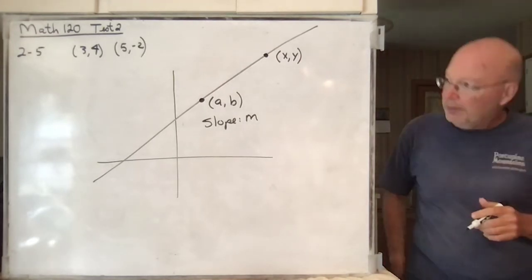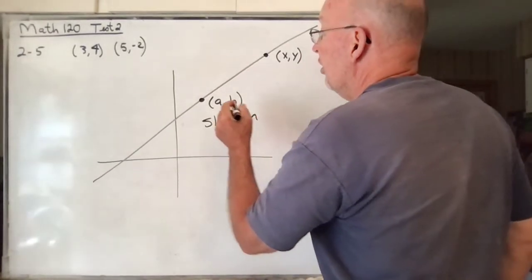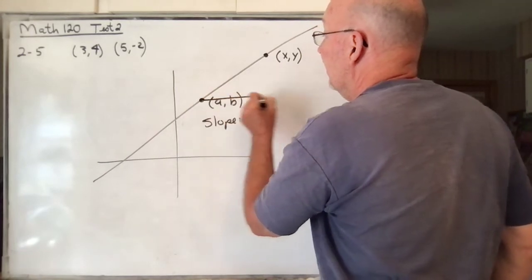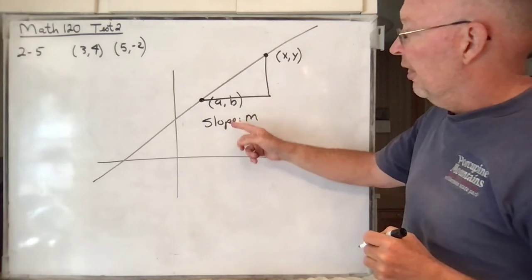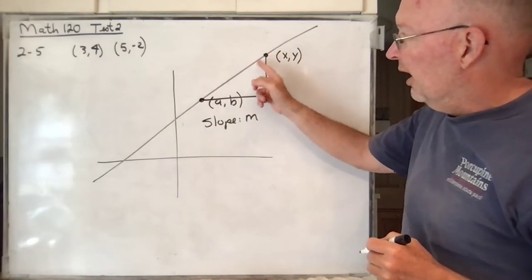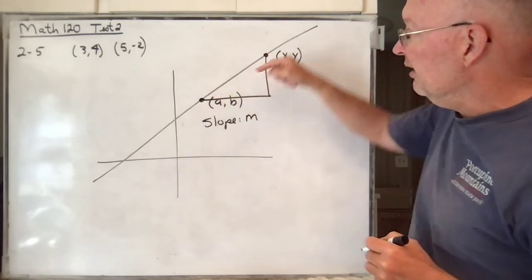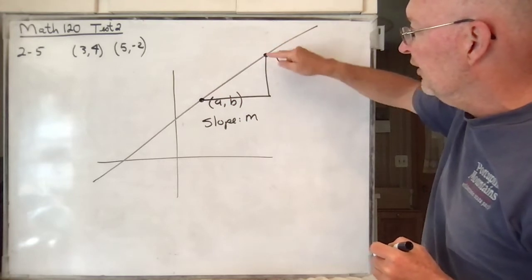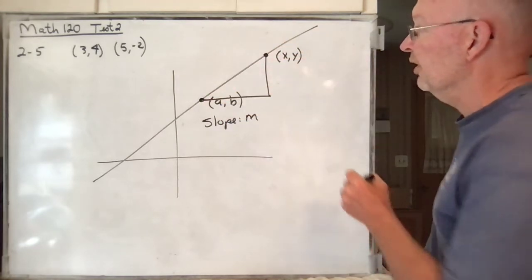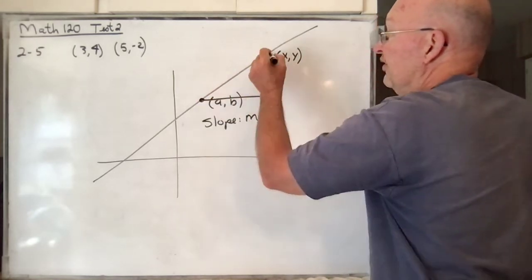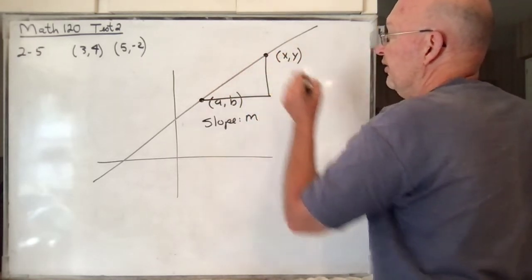And you say, well, if it lies along this line, then the slope of this line is what you get by taking the difference in the y coordinates divided by the difference in the x coordinates. So here are 2 points on the line, (a, b) and (x, y).